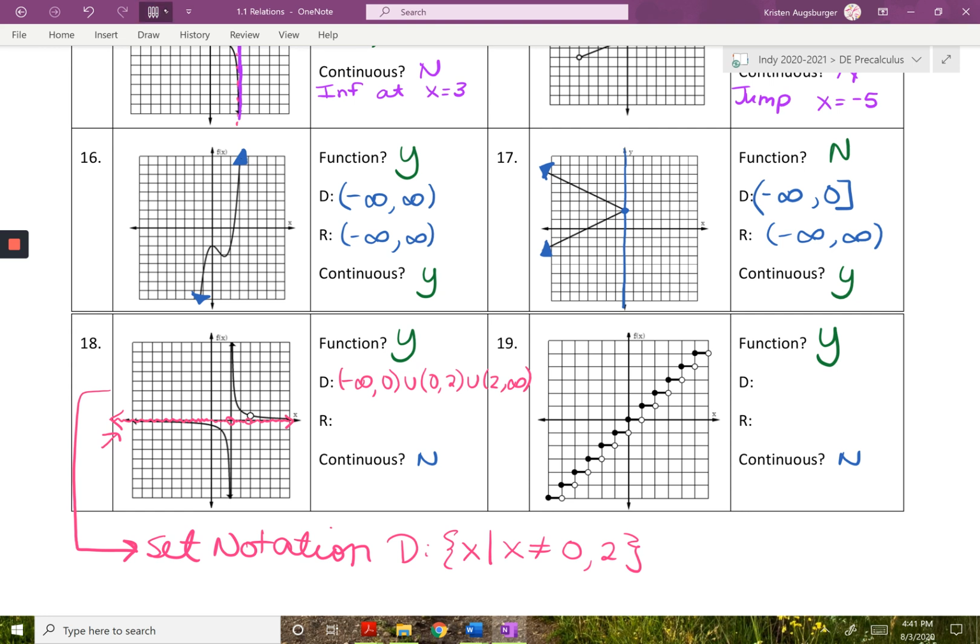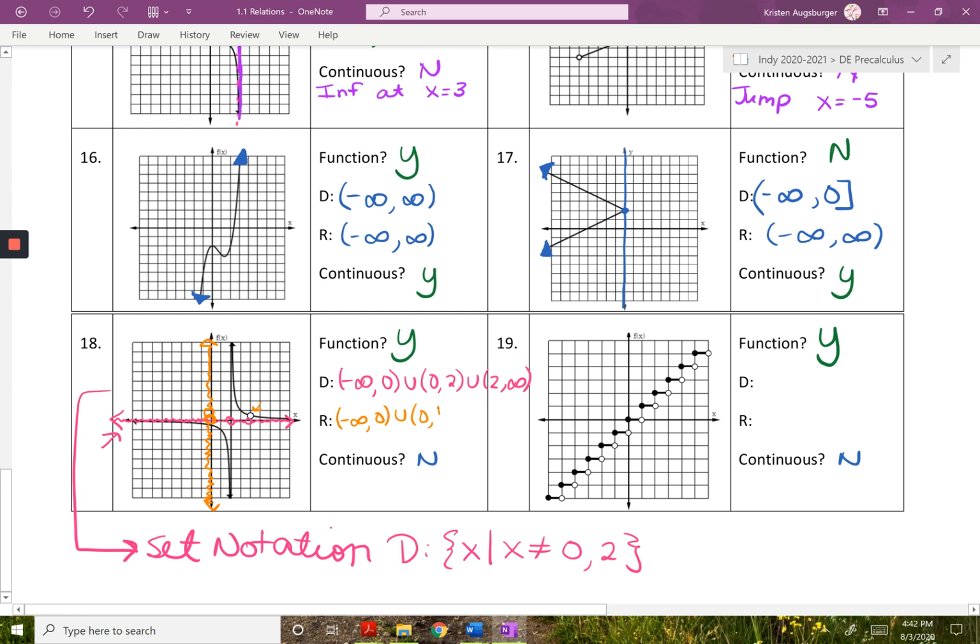For the range, going in the opposite direction. Bottom part, because there's a gap. So I'm going to estimate for my range. I get 0.